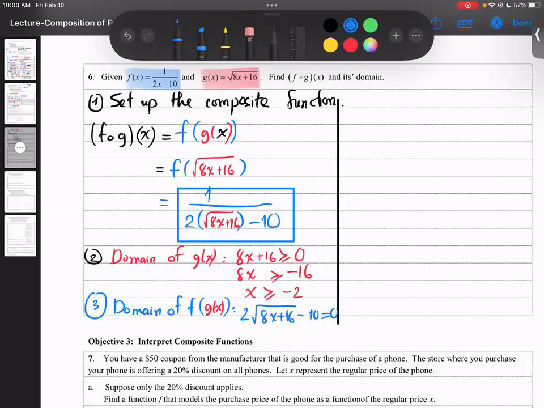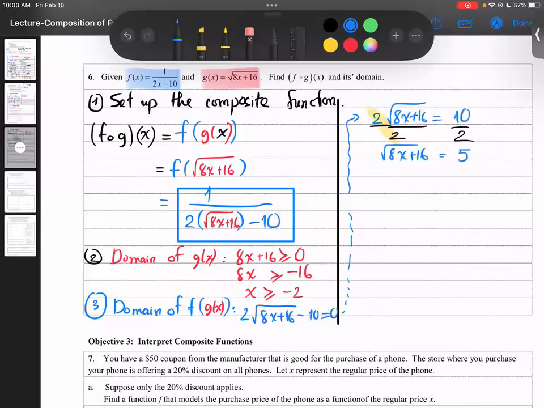Add 10 to both sides: 2 square root of ax plus 16 equals 10. Divide both sides by 2. You're going to isolate the square root. Do you know how to do that? So you have the square root of ax plus 16 equals 5. What do I do next?